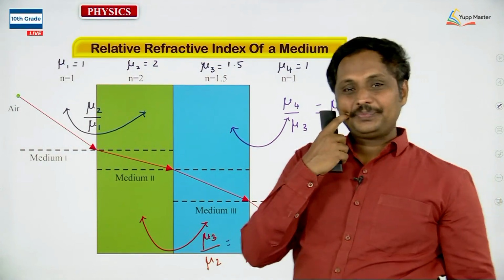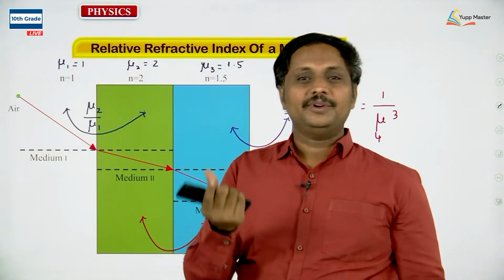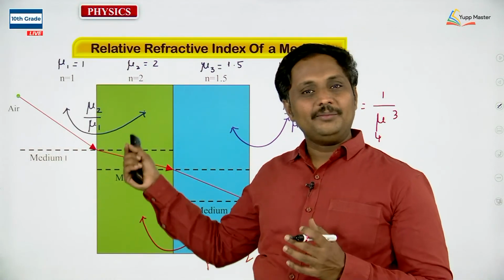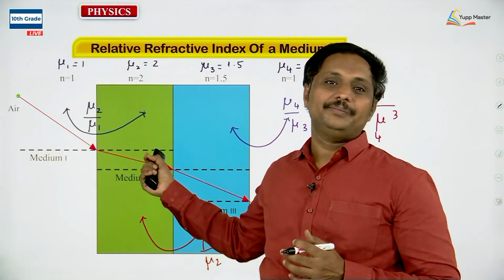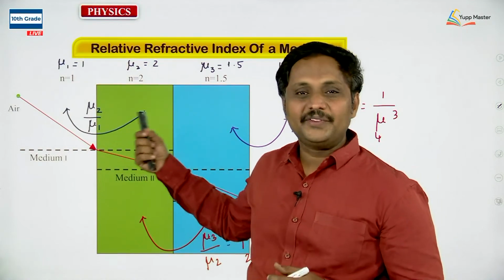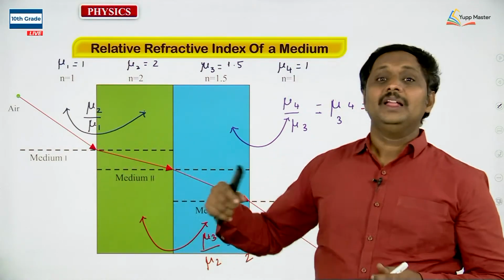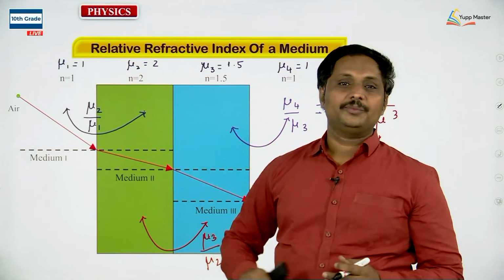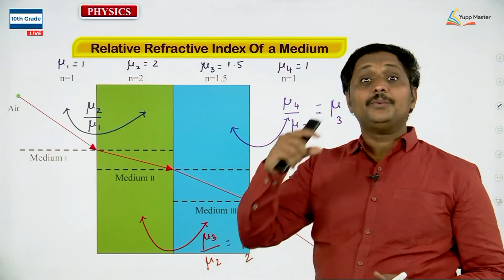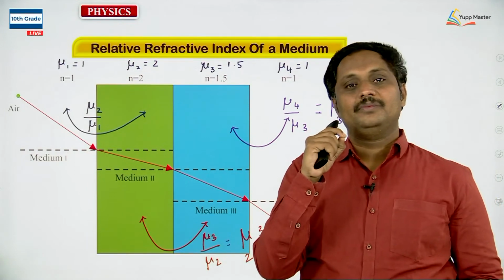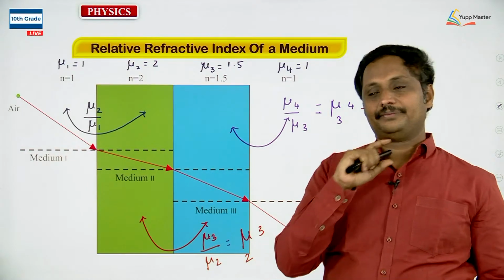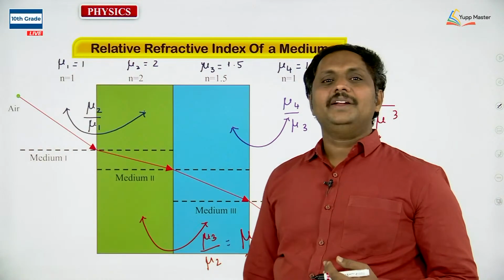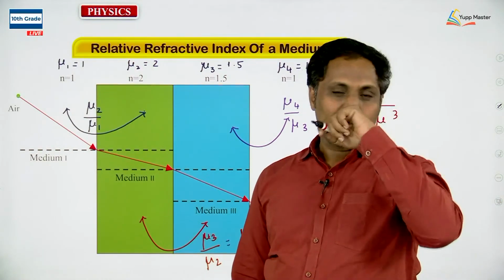What happened? The relative refractive index, when light enters from a rarer medium to a denser medium, and when light enters from a denser medium to a rarer medium, the refractive index of the second medium with respect to the first medium changes from the original value. For example, light enters from glass to water.